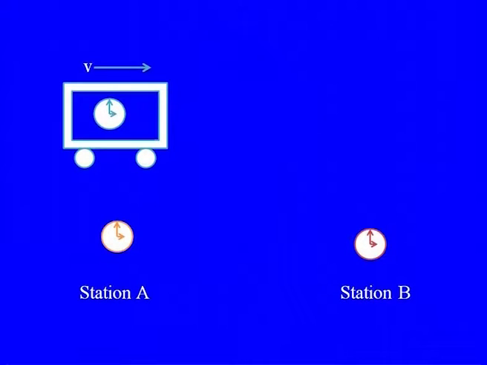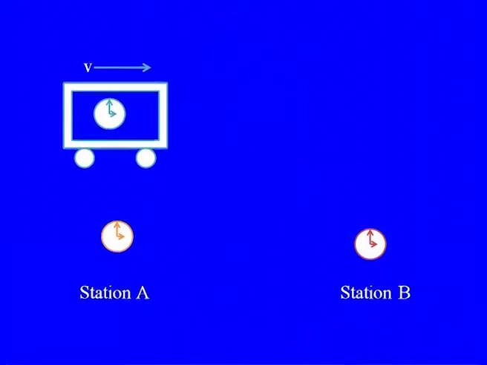If you have two stations, you need two clocks there. So we have our two clocks, one on the left of your screen and one on the right, written as station A and station B.